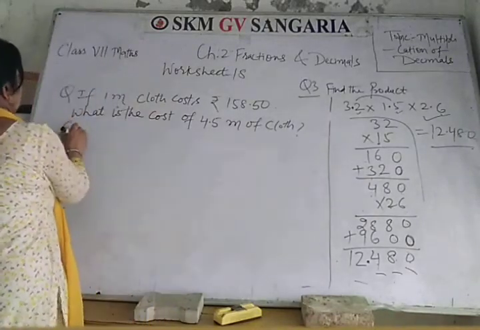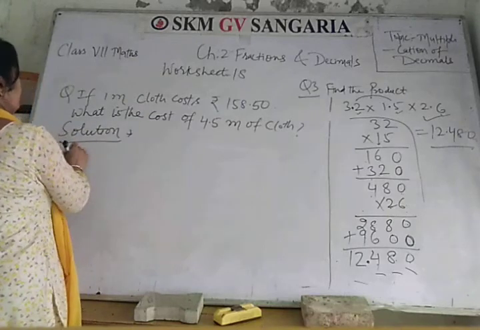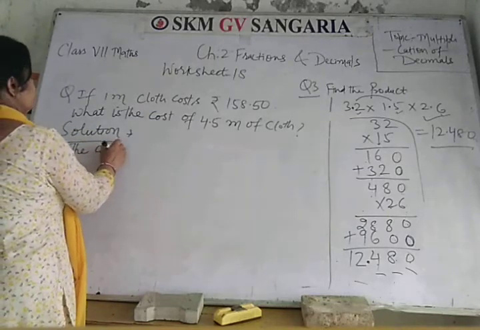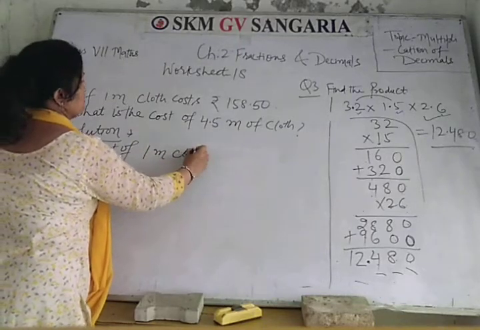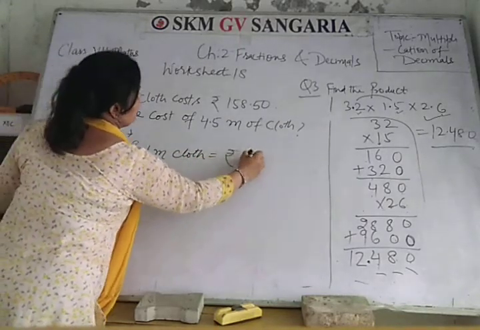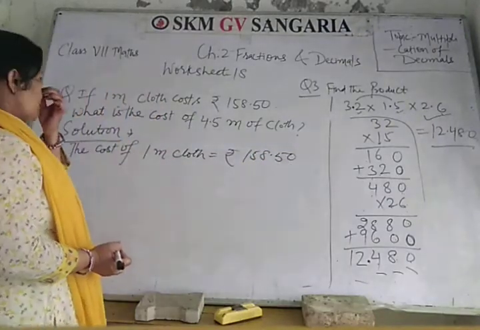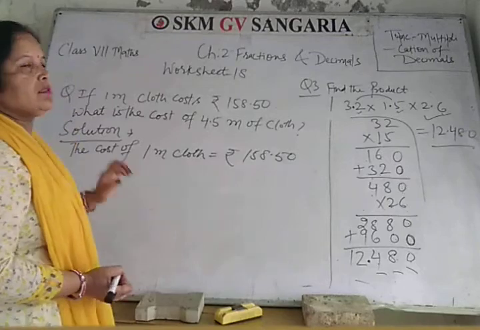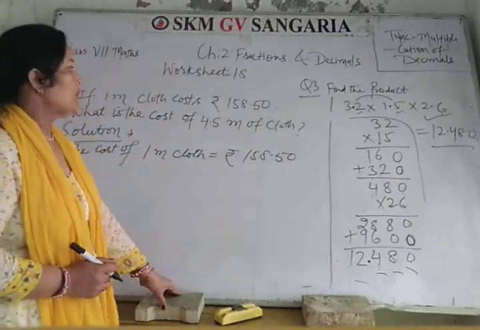The solution of this question will be the cost of 1 meter of floor. If a language problem is there, then you will have to write the language part. So the cost of 1 meter of floor is rupees 158 and 50 paise.